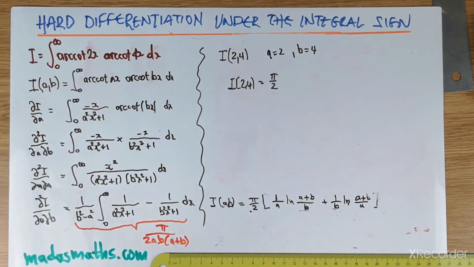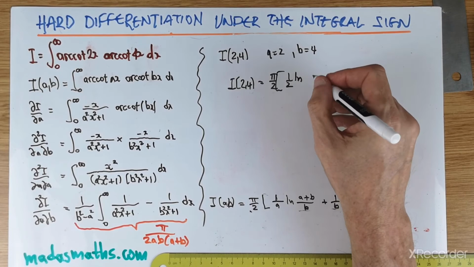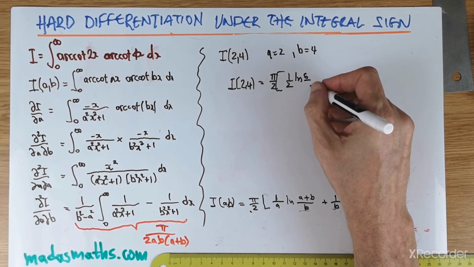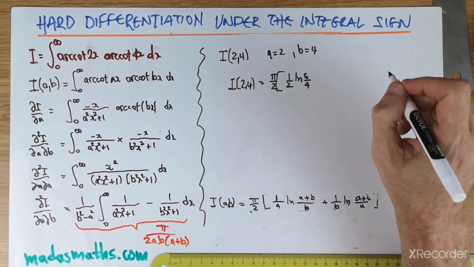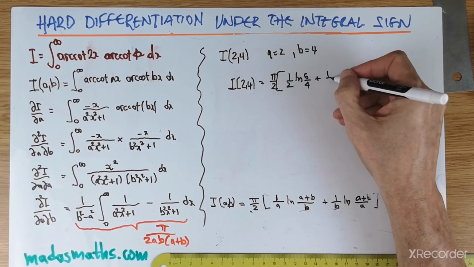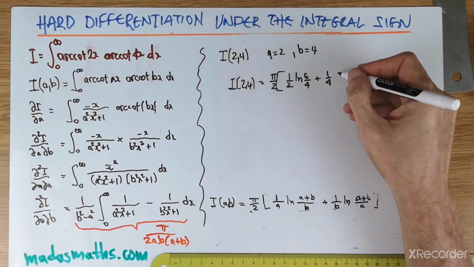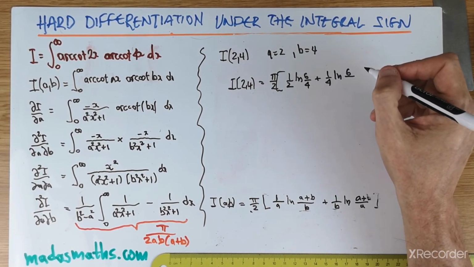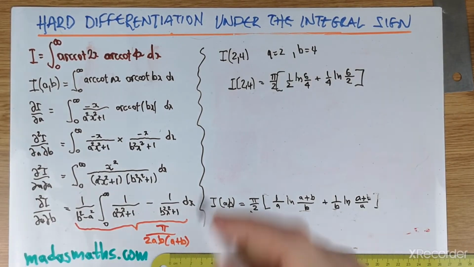Looking at this, 1 over a, so that's going to be a half log 6 over 4, 1 over b, which is a quarter, again log of a plus b, 6 over 2, there's nothing else, the other term was of course 0.